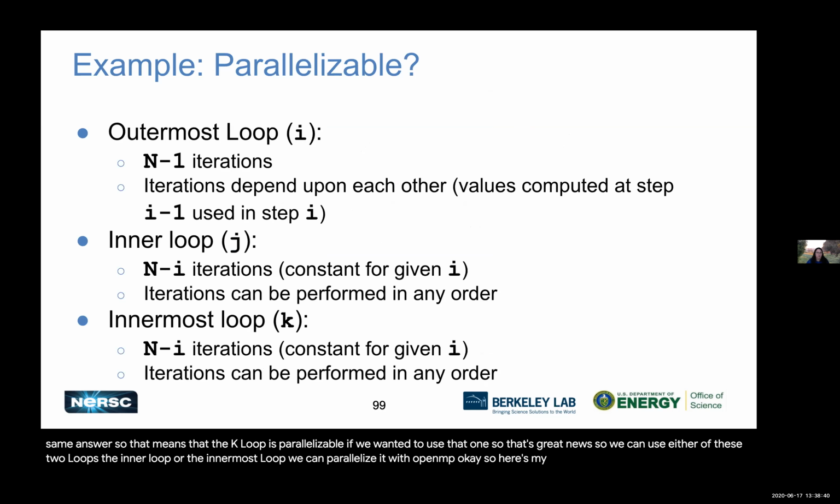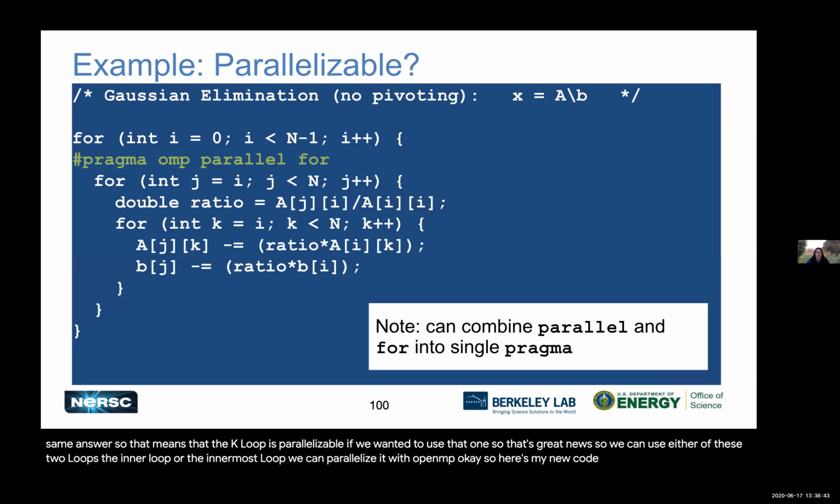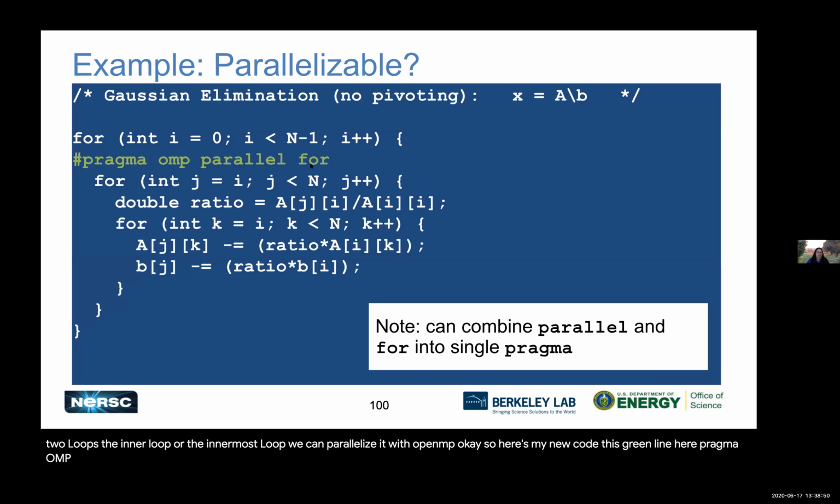Okay, so here's my new code. This green line here, pragma omp parallel for, that is the only thing that I've added to my code to parallelize it. You can combine the parallel and the for into a single pragma, just FYI. So that's pretty cool. I've parallelized my code with one line.